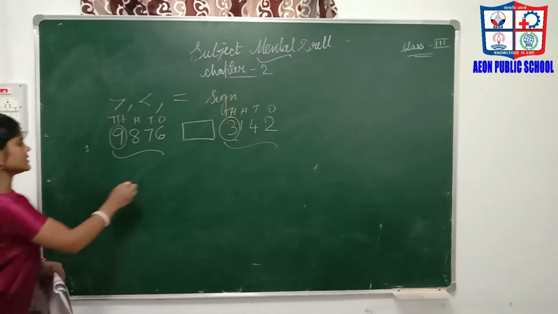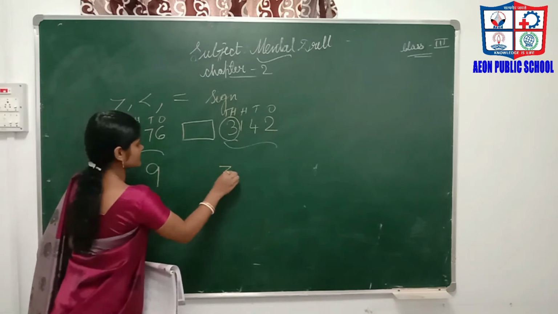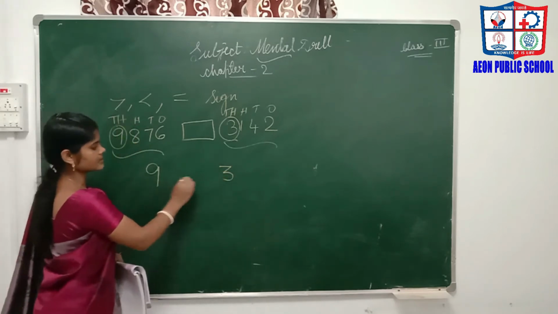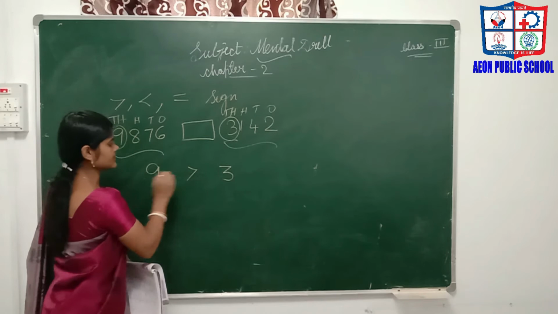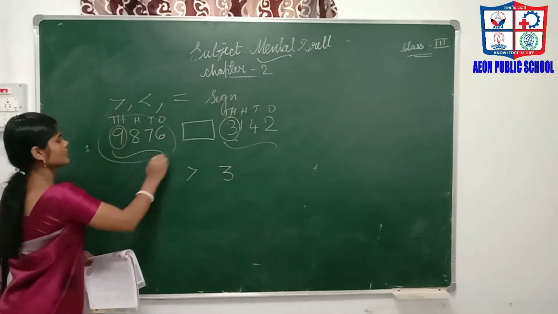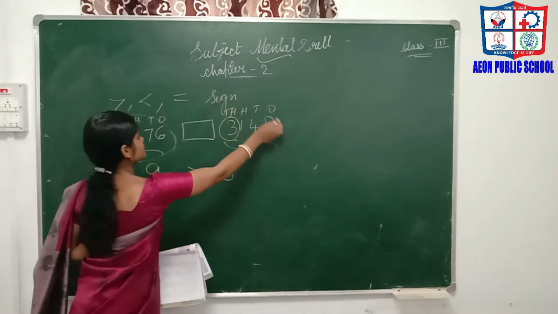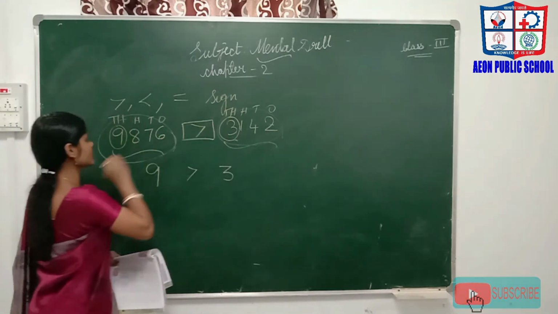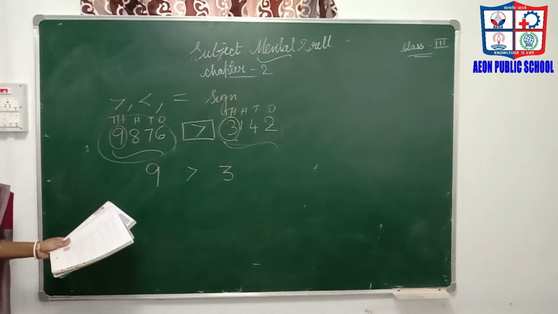So first we check 9 and 3. Is 9 greater than 3? Yes, obviously 9 is greater than 3. If 9 is greater than 3, then the whole number is greater than the other number. So obviously 9876 is greater than 8142.